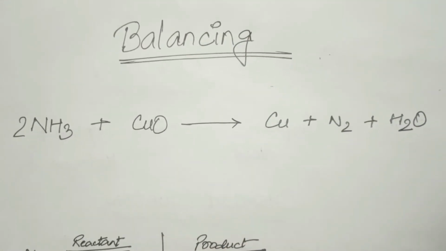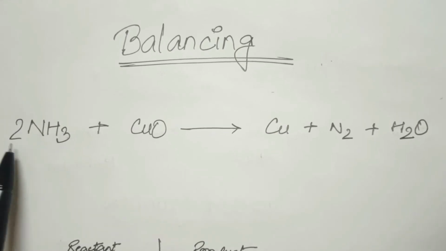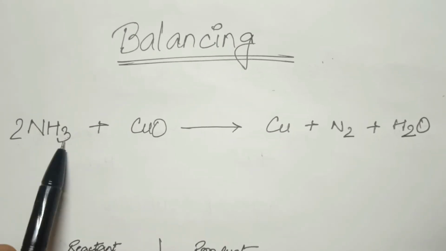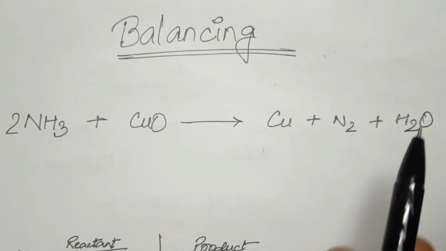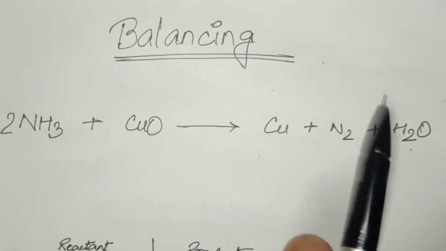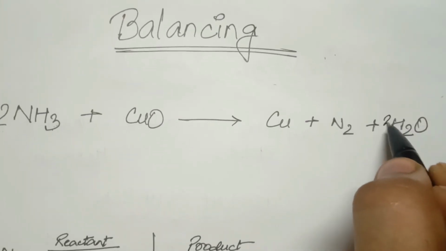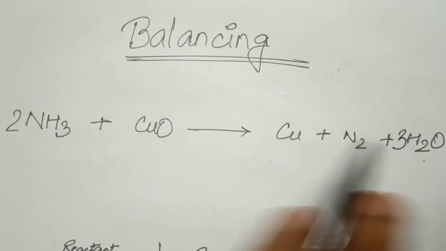That means nitrogen has been balanced. But now you can see here is H3 times 2, that means H6, so hydrogen is now 6, and here hydrogen is only 2, so we need to increase the number of hydrogen. Now we write 3 H2, so hydrogen has also become 6.